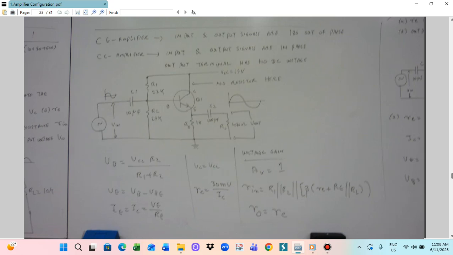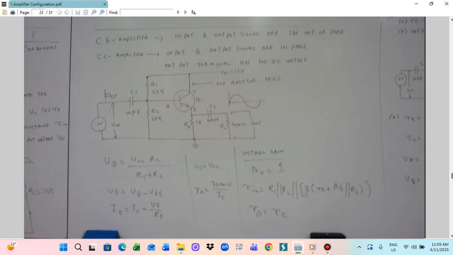For the CC amplifier, there is no resistance between the collector and the supply, and we take the output signal from the emitter to ground. There is no resistance between the collector and VCC, and we give the same input signal at the base. So this is the input.